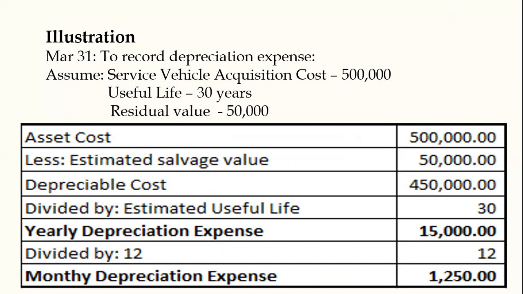That's why we need to divide it by 12. So the monthly depreciation expense is 1,250. Okay, ganun lang kadali, no? Ganun kasimple, because we have a formula na susundan. Madaling i-substitute lamang ang mga given data to the formula and then we will arrive at the correct answer.